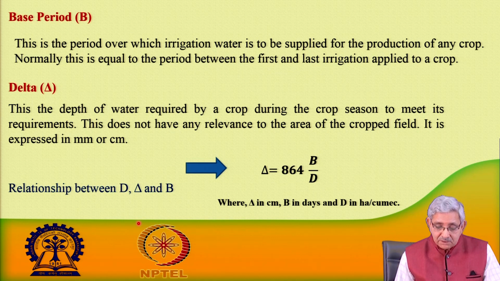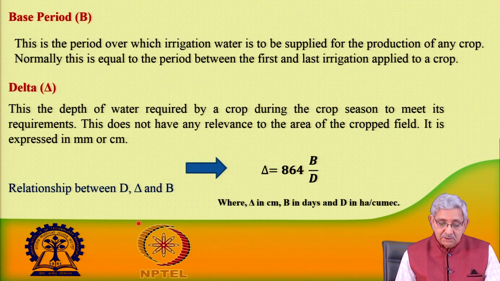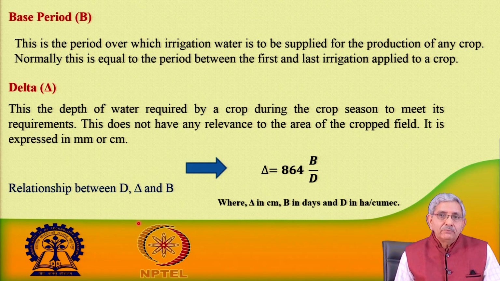This defines the depth of water during crop season to be given to meet the crop water requirement, and this does not have any relevance to the area of the crop field. It is expressed in millimeter or centimeter.